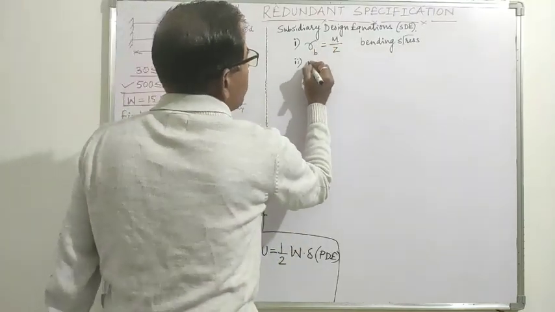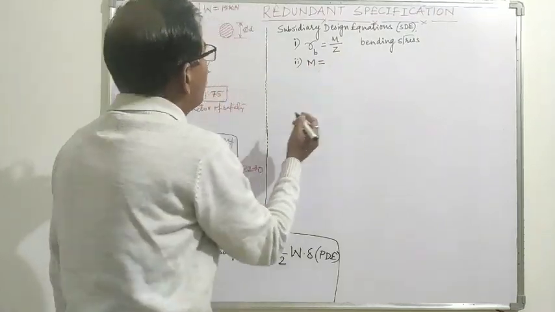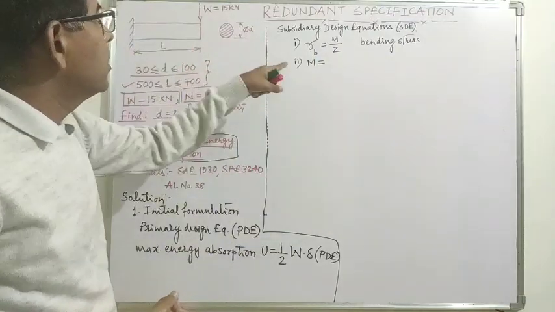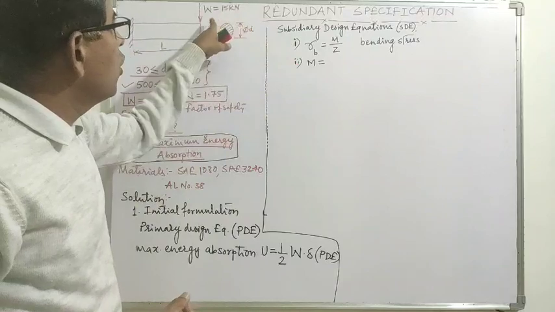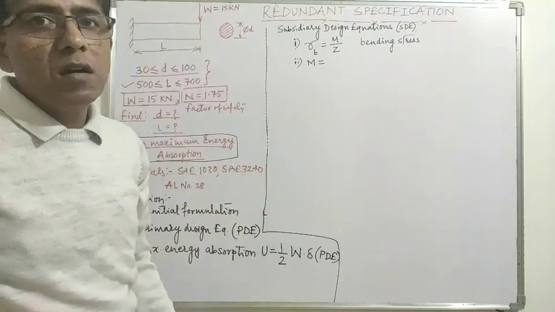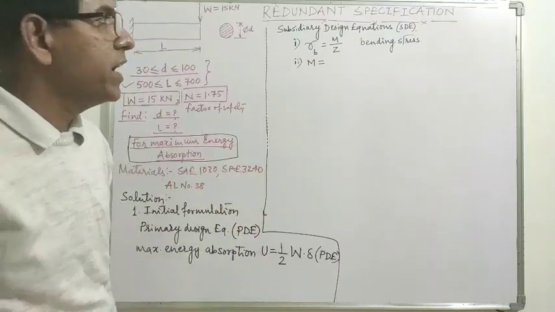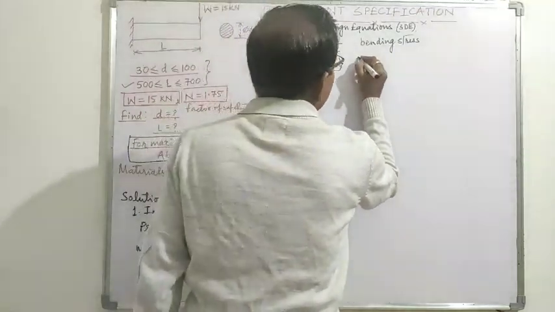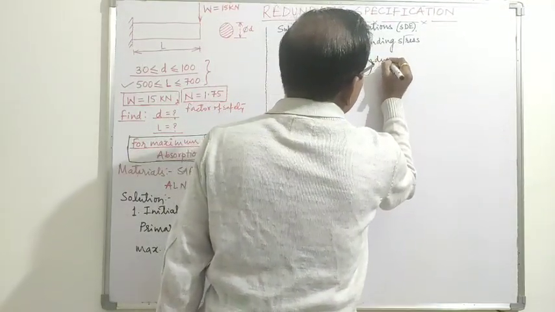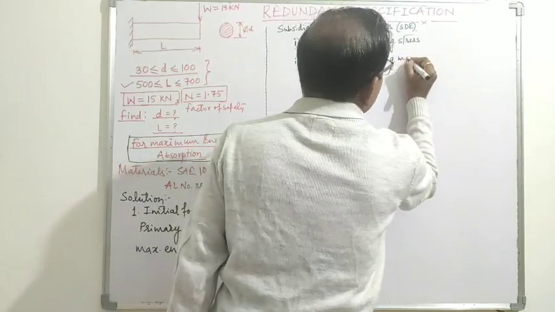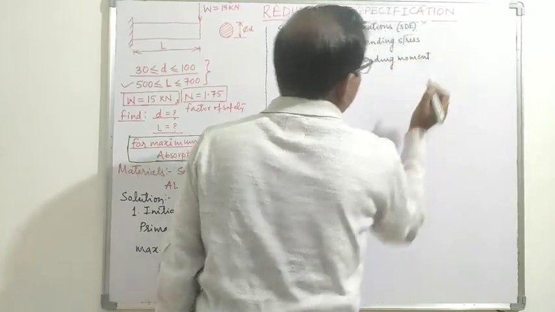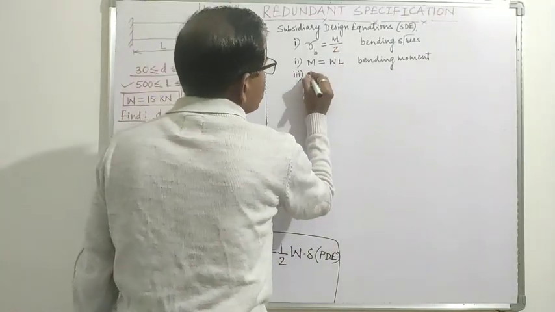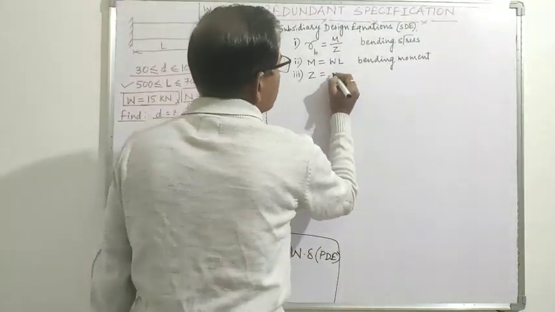So next we write down M. You go to your design data book and check the bending moment for a cantilever beam where the force is acting at its free end. It is given by W into L. So this is the bending moment. Then the third one is Z, the section modulus.